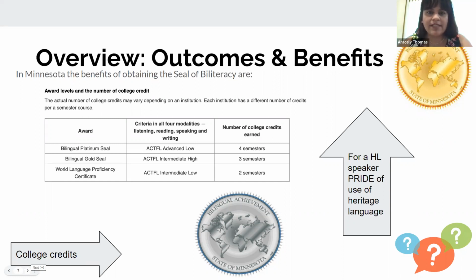As you can see, depending on their score, if they are at a low language level, they will have 2 semesters of college credits, at intermediate high, 3 semesters, and 4 semesters if they are at the bilingual platinum level.